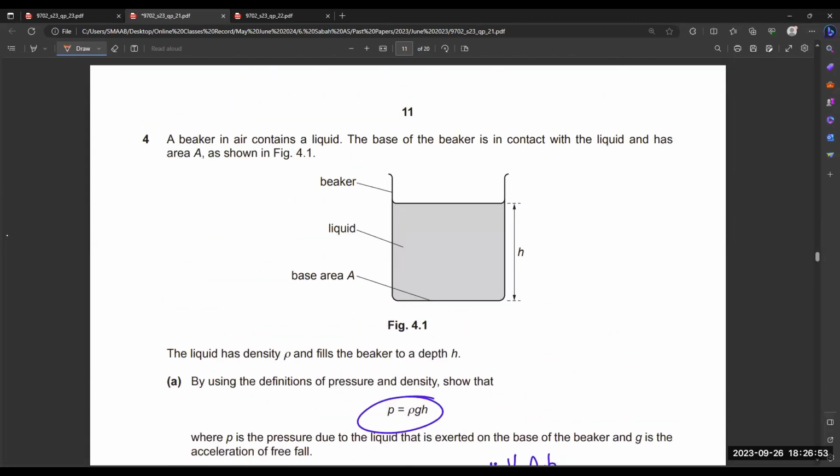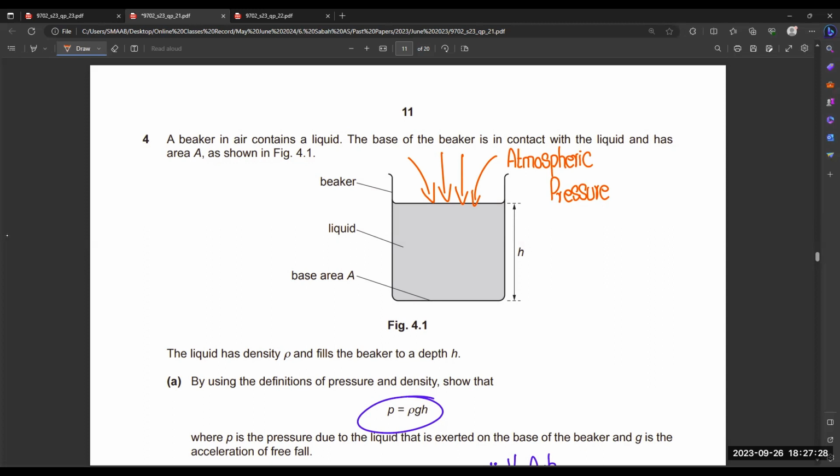And you can see that the beaker is completely open. So there is another pressure which is applied on the surface of the water, which is known as atmospheric pressure, right? So basically we have to add atmospheric pressure to the equation that we derived.